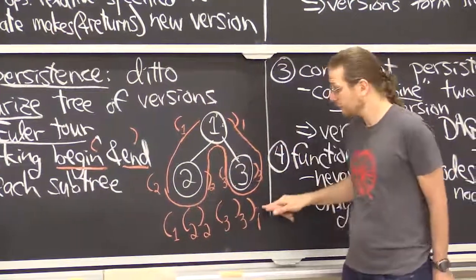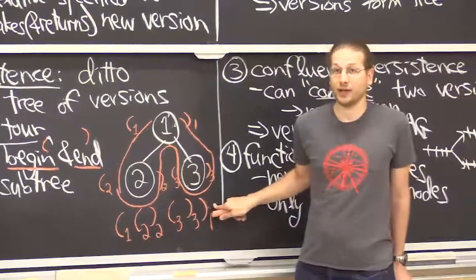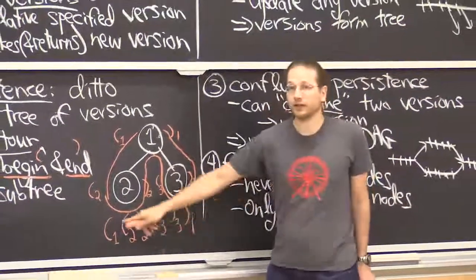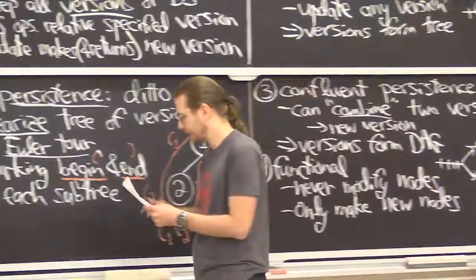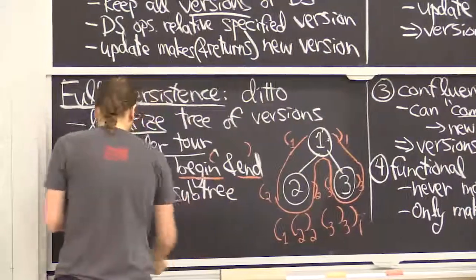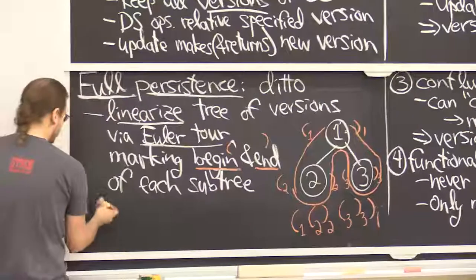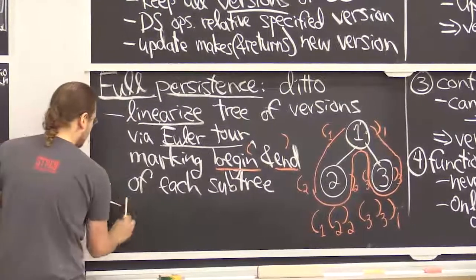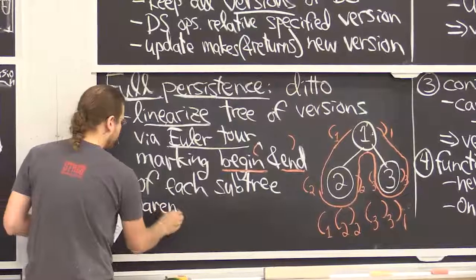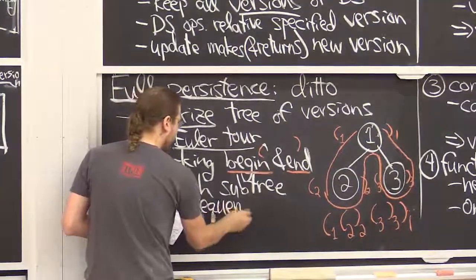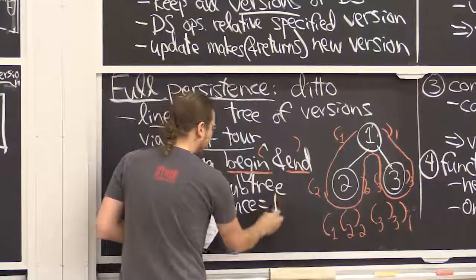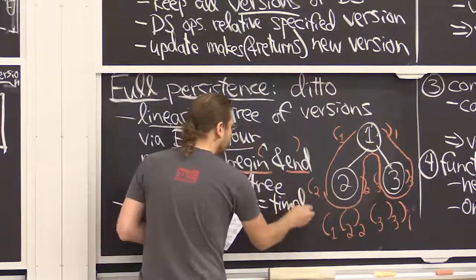Now, I'm going to interpret this as my timeline, a linear timeline representing this tree of versions. So how do I get this to work? I get a balanced parenthesis sequence, which is my timeline.